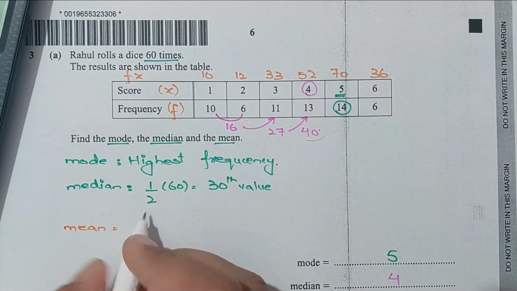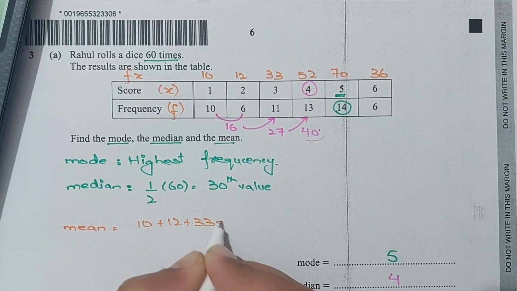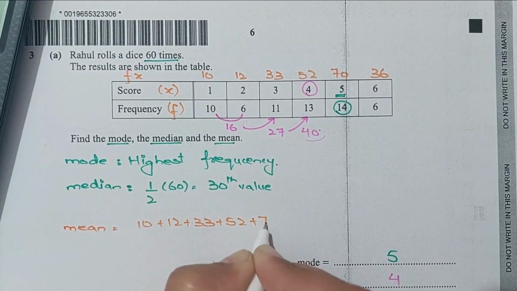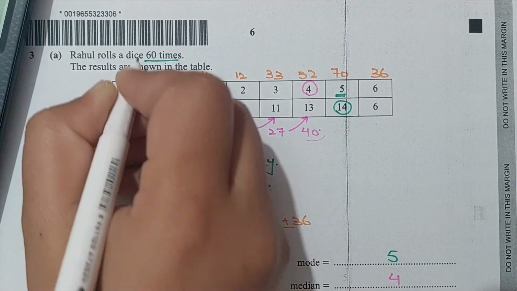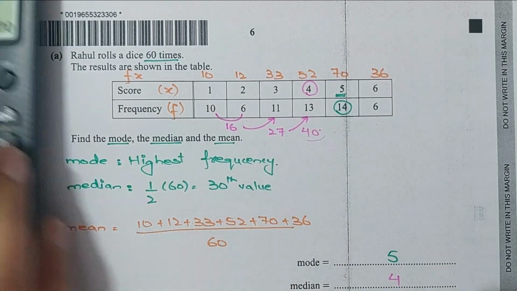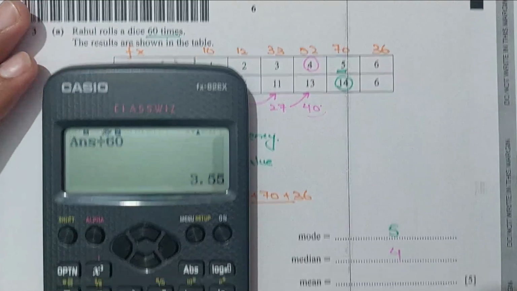Add them up: 10, 12, 33, 52, 70 and 36, and divide by the total, 60. So 10 plus 12 plus 33 plus 52 plus 70 plus 36 divided by 60 gives 3.55. So 3.55 is the mean.